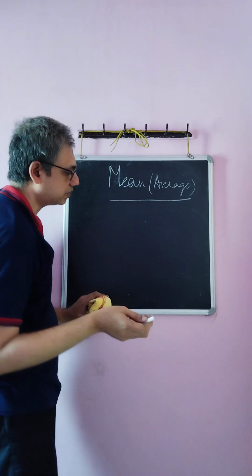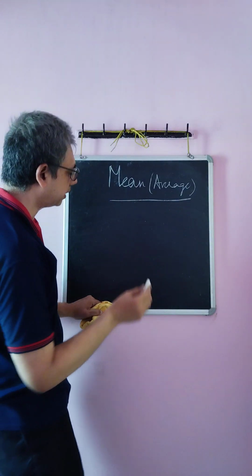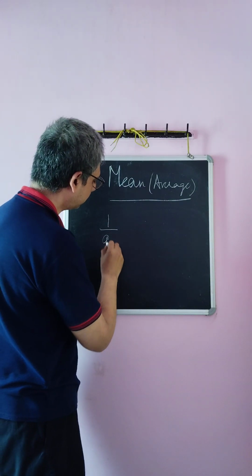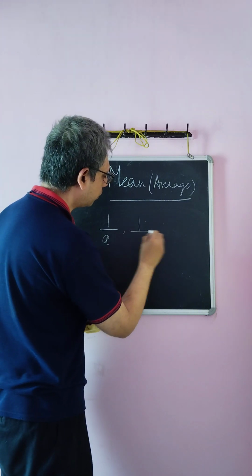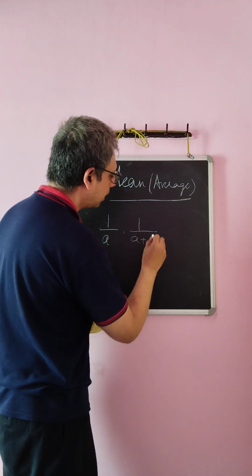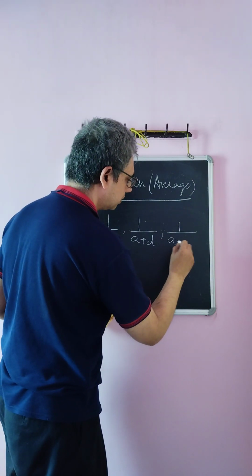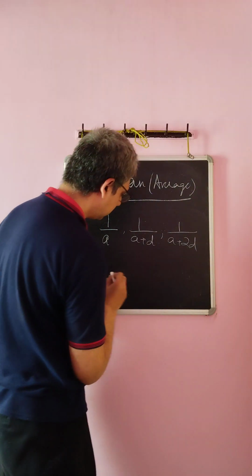Likewise, if we redefine the harmonic mean like I just said, then if any three terms are in a harmonic progression, the harmonic mean of the extreme terms will be equal to the middle term.